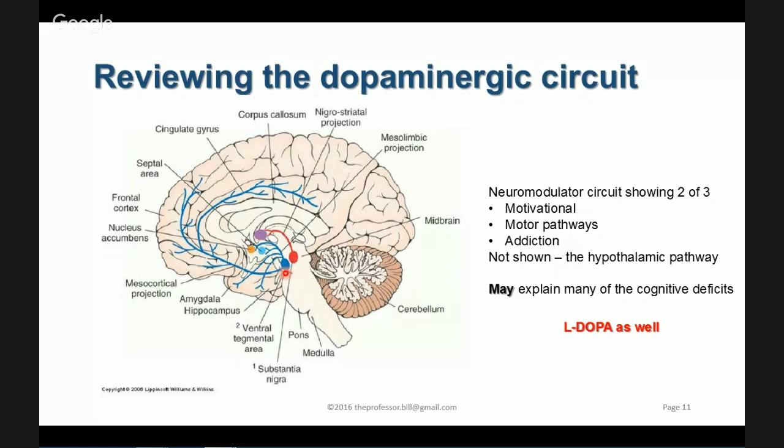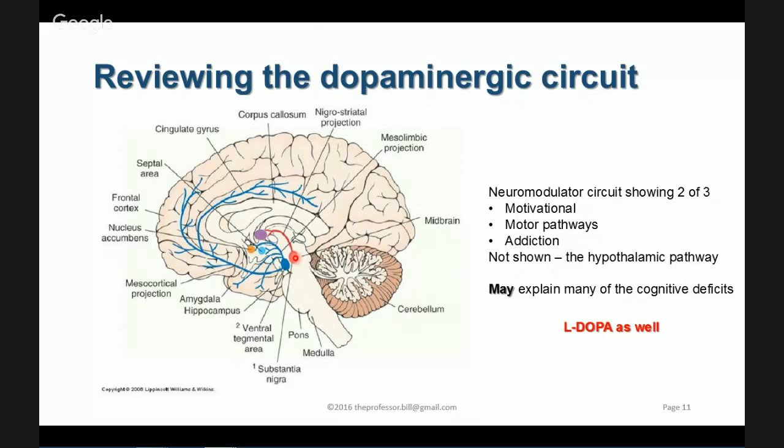The hypothalamic pathway is also not something that we're going to spend any time on. But if you take a look within this area of the brain, which is known as the midbrain, we have a small group of neurons, represented by these little clusters that you see here, that produce dopamine. So we don't have a lot of neurons that produce dopamine.